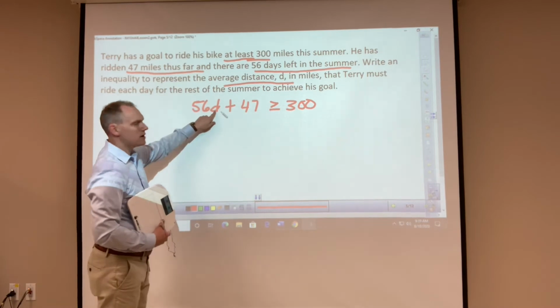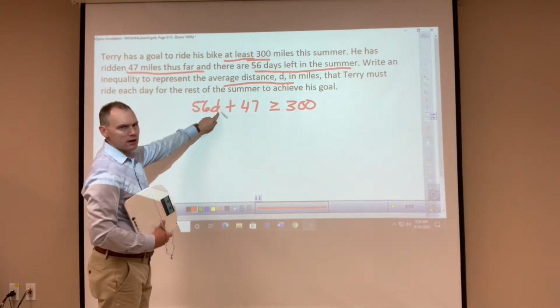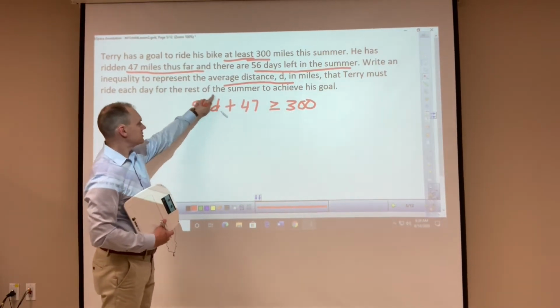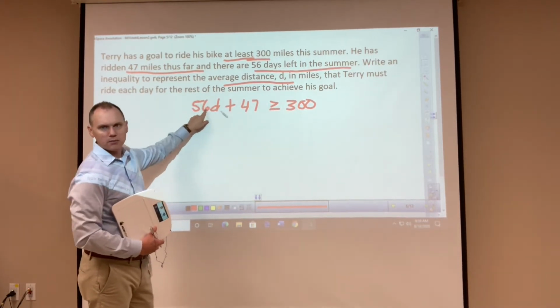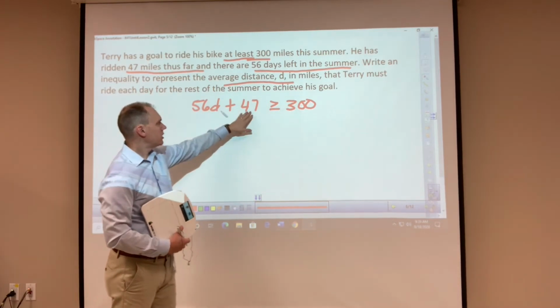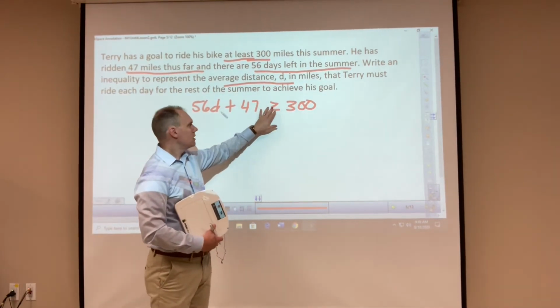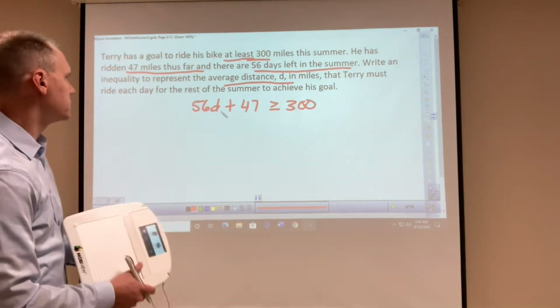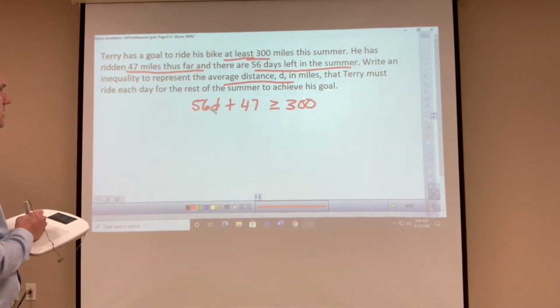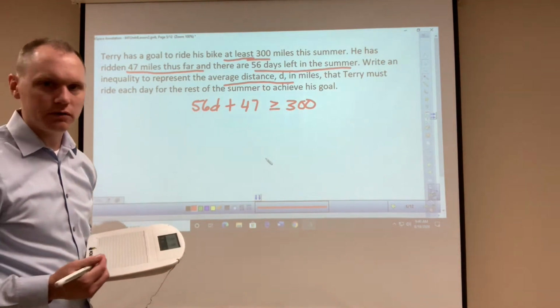If he travels on average d miles per day, he's going to multiply that by 56, and this represents the total number of miles he rides the rest of the summer, plus the amount he's ridden already, is greater than or equal to his goal, which was 300. So that's the inequality.